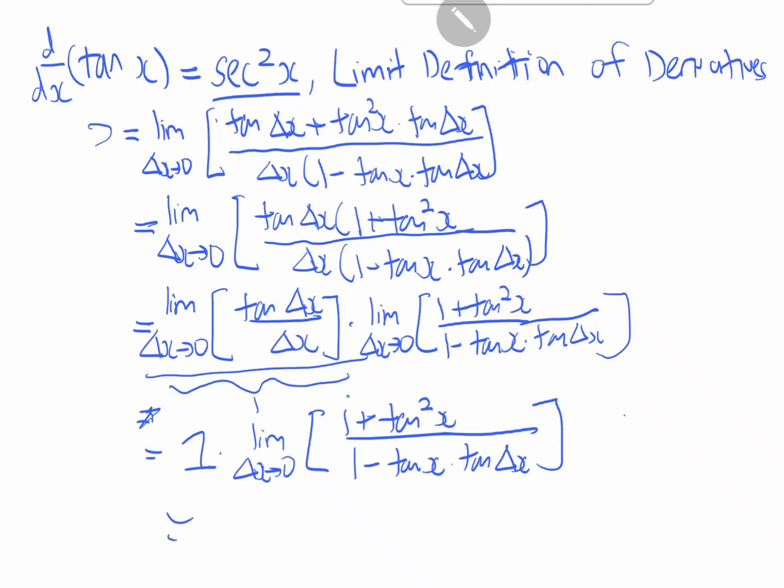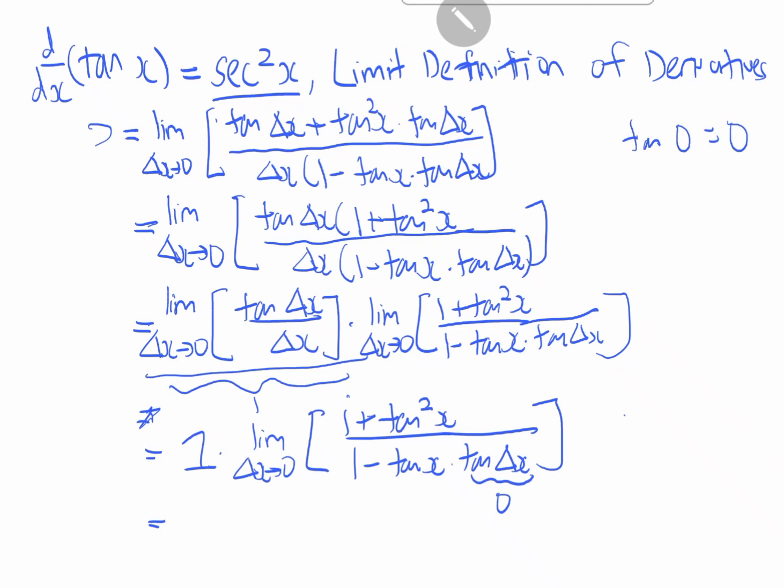So let's sub in here. For this one, tangent delta x goes to 0 because tangent 0 will give me 0.